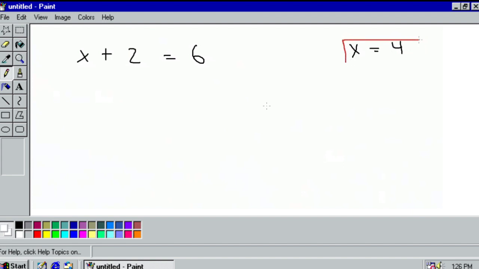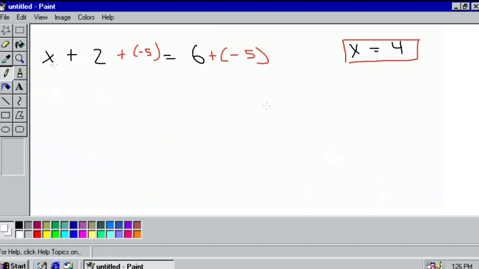Now, let's change it a little bit. Let's add the same number, negative 5, to both sides of the equation so that we can prove that it's still the same and the value of the equation doesn't change.